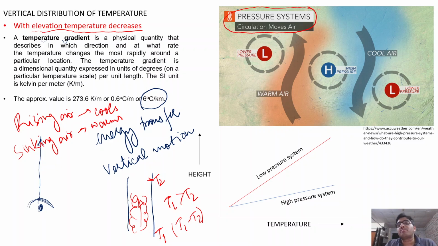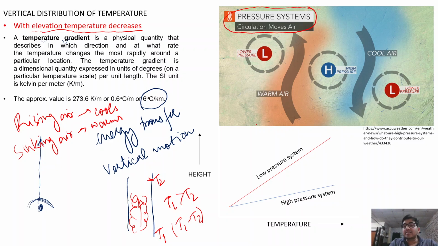This pressure system plays a very important role in the temperature gradient. It has been seen that once the pressure is low, the air starts to rise. Once it rises, it means that the air will quickly lose heat.